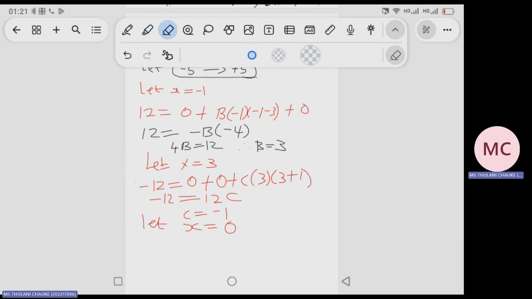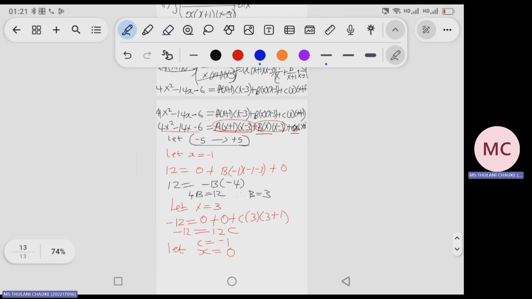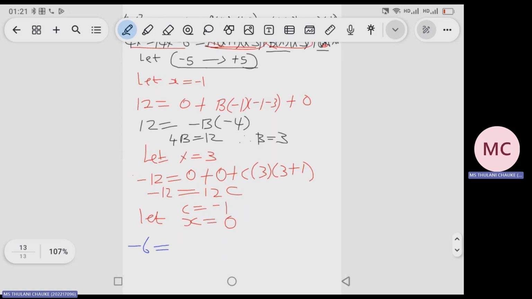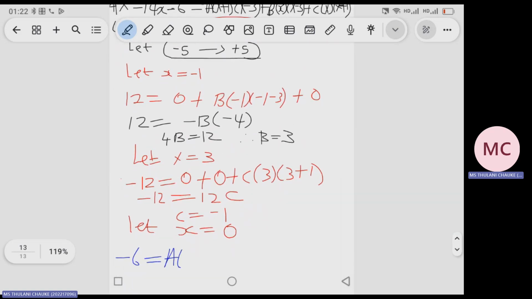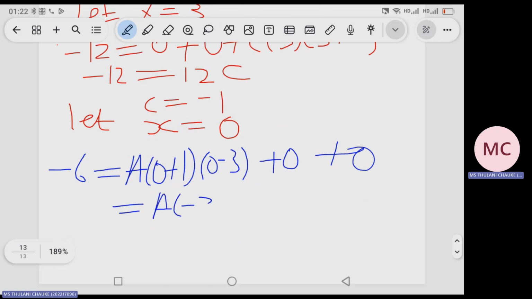If I'm putting 0, I'll have -6 on the left being equal to a into 0 plus 1, 0 minus 3. The rest will be zeros. And then I can say my a into -3 is -6, so my a will be +2.